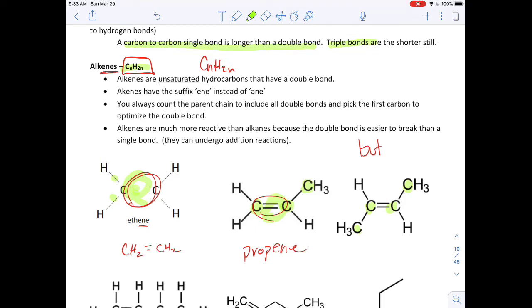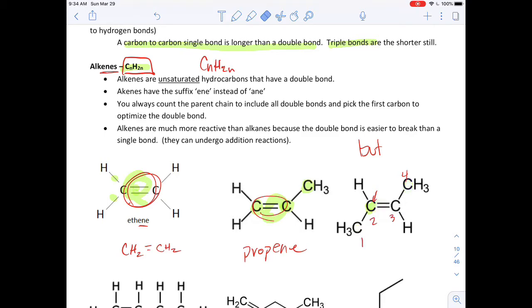But it is possible with butene to have the double bond either on the first carbon or on the second carbon. So in this, I'm going to count my parent chain, and if I was to count it that direction, this would be but-2-ene, because the double bond starts at this second carbon.